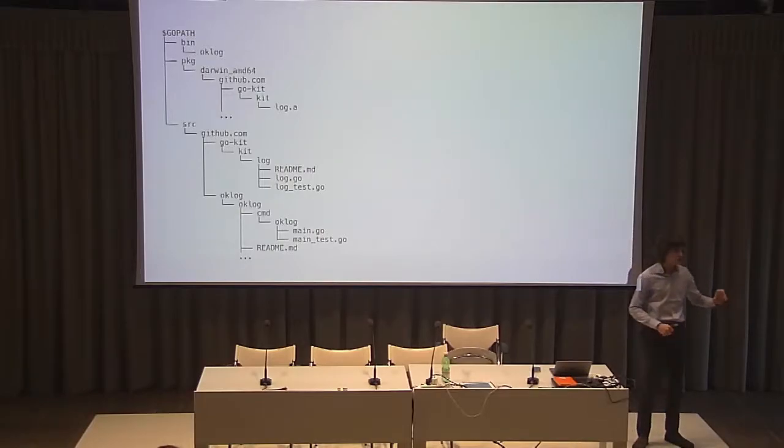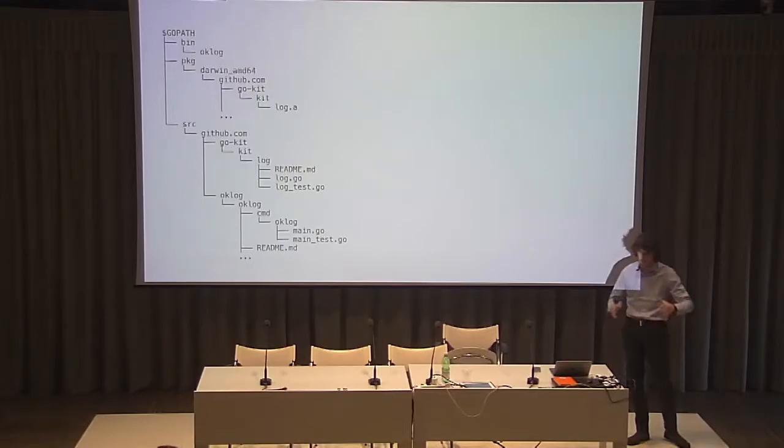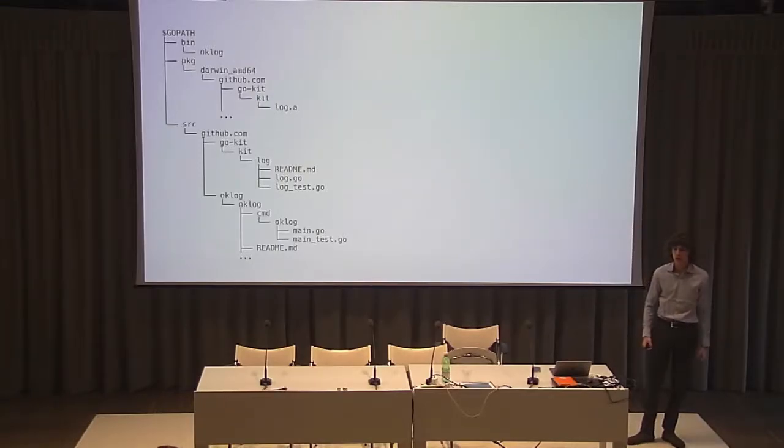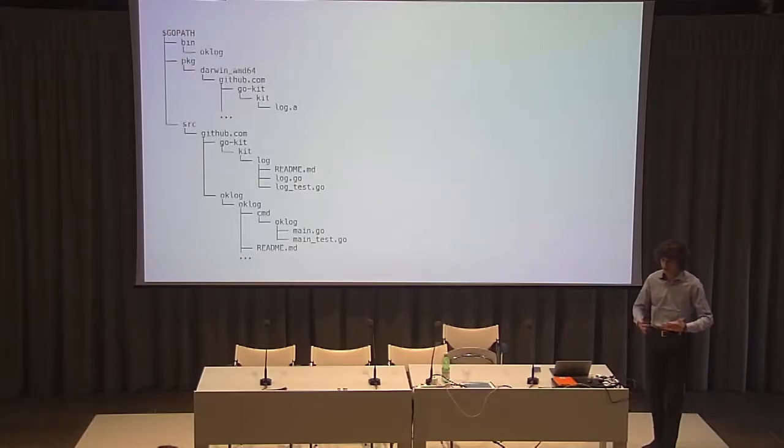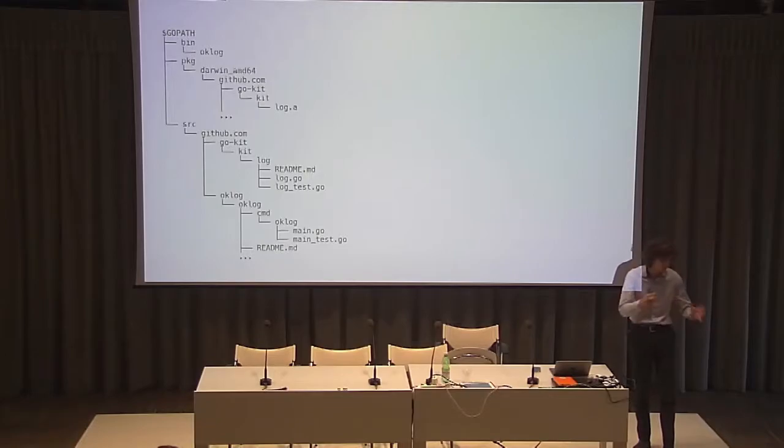So you put it on GitHub under github.com/oklog/oklog. That's your URL. So probably the import path of your program is going to be github.com/oklog/oklog. So far, so good. It's the name. Like Java has this concept, right? Com dot. It's reversed, but we've seen this concept before.